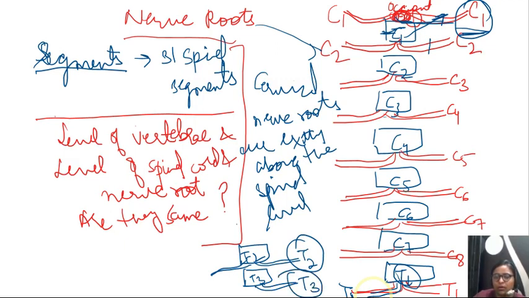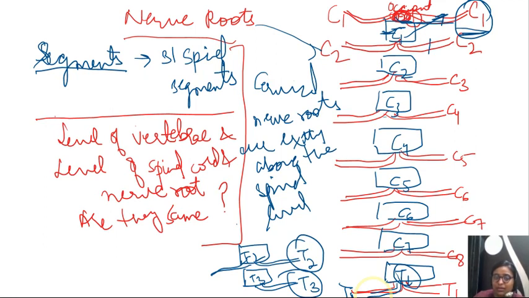So whenever the question comes in your exams, you have to write that the cervical nerve roots are above the vertebral level, and below that, from the thoracic to the tail end, the nerve roots exit below the vertebral level. Fine. Now you understand the concept of how it happens.